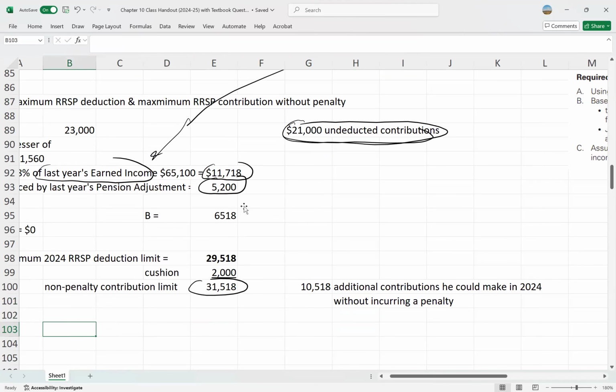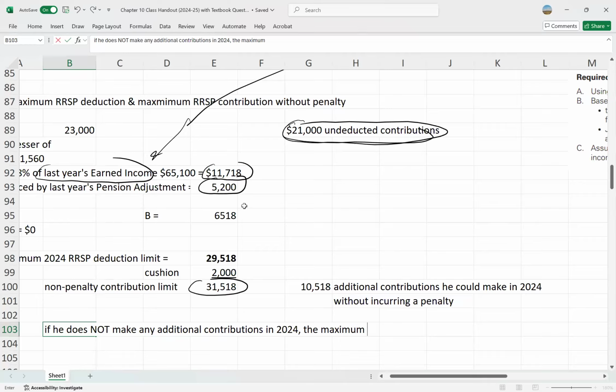So let's just talk about what would happen if he does not make any more contributions. If he does not make any additional contributions in 2024, the maximum RRSP deduction will be 21,000.